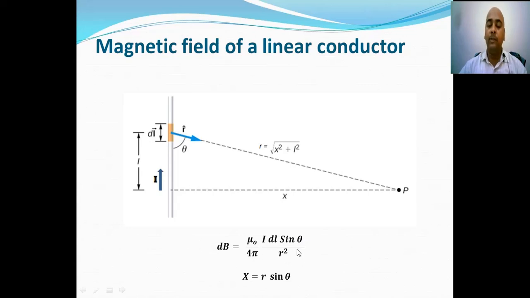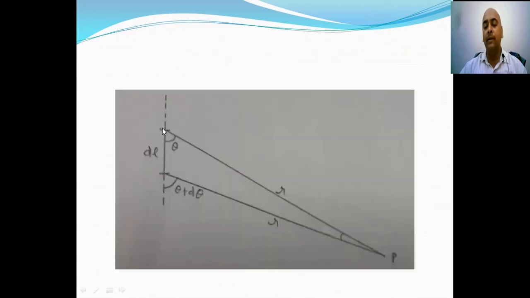So let us express the three variables dl, theta and r in terms of only one variable, theta. To represent these three variables as a single variable, we are redrawing the small differential element as shown in the slide.